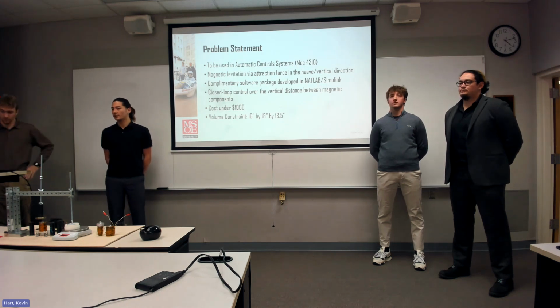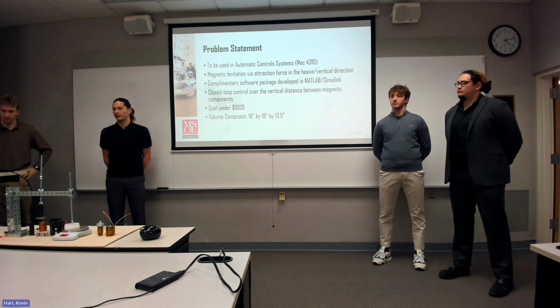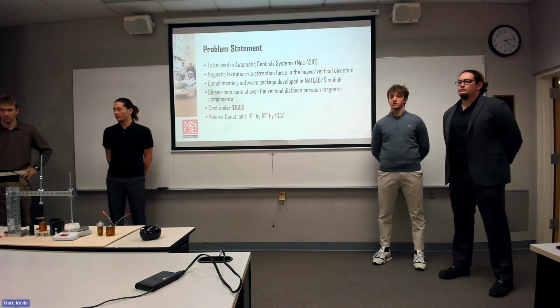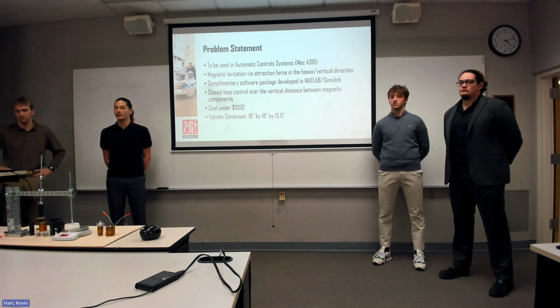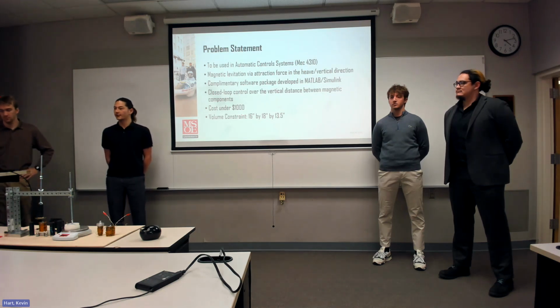The system has to use closed loop control over the vertical distance to control the distance between magnetic components. We have a cost constraint to keep our entire system and project under $1,000, as well as a volume constraint due to the setting in which the system is going to be used.